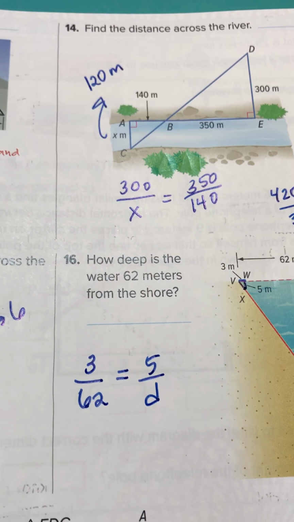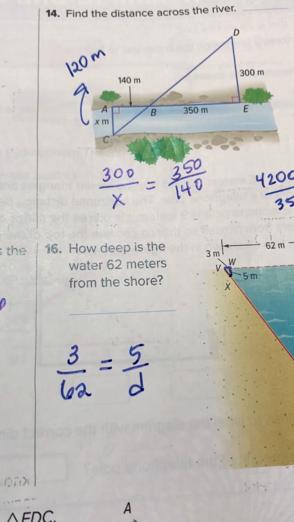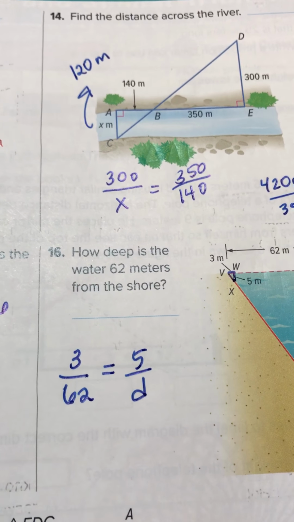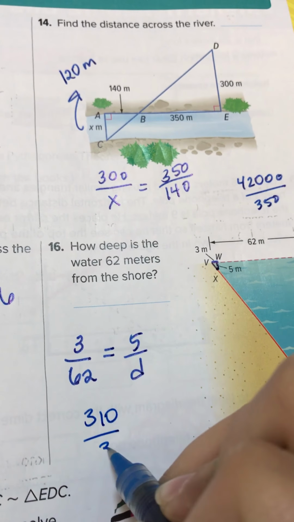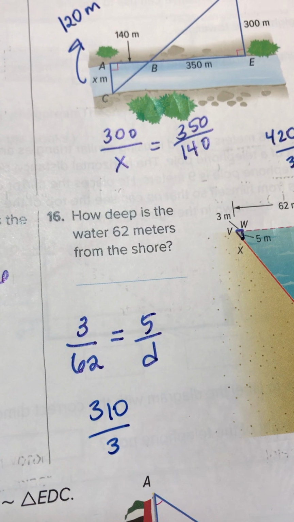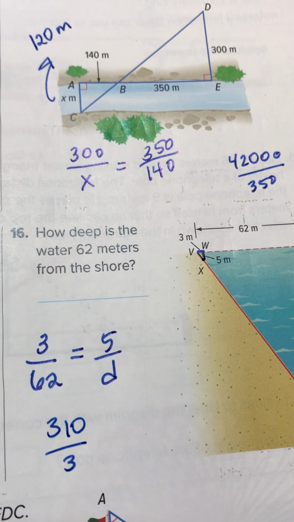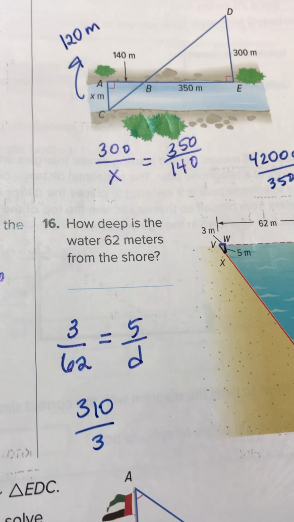And then when we multiply, we have 5 multiplied by 62, which gives us 310, divided by 3. So it says, how deep is the water from the shore? And it looks like it's going to be a decimal.